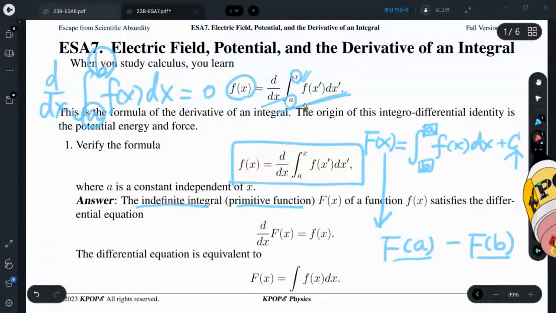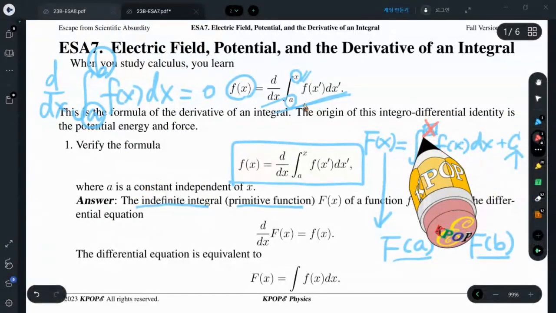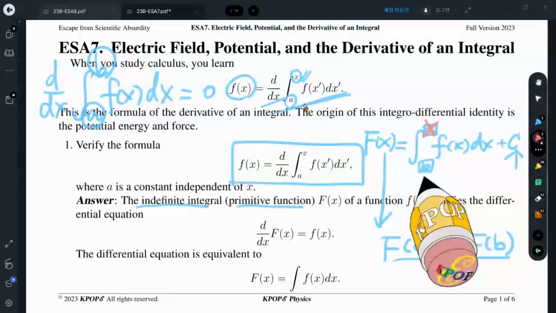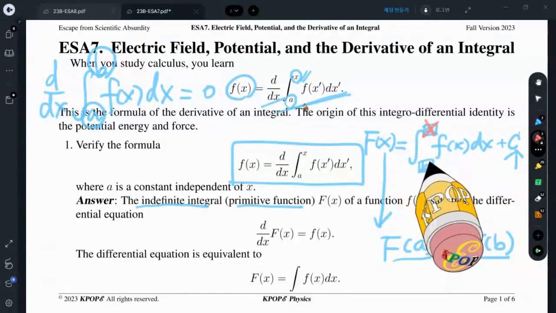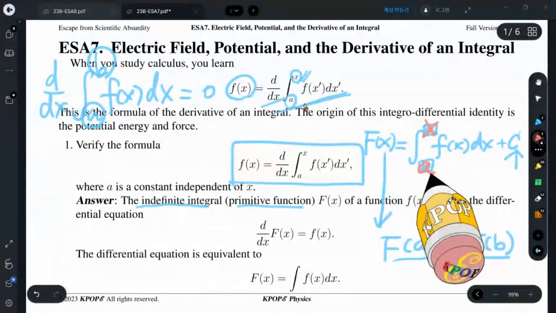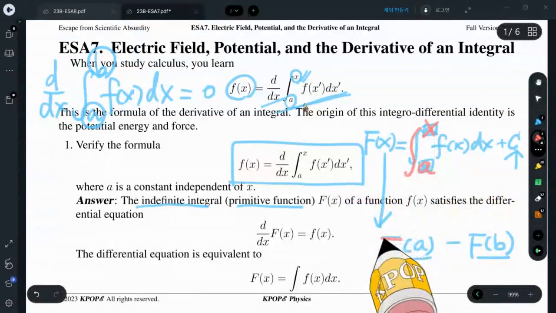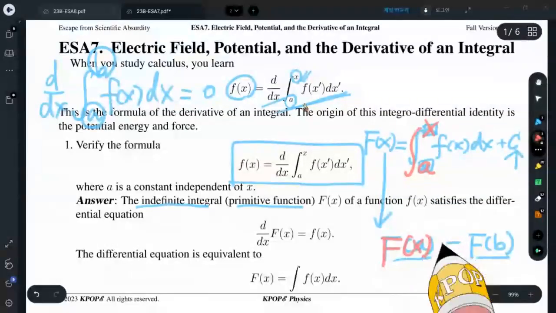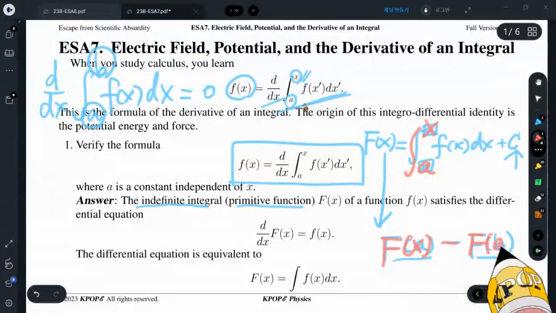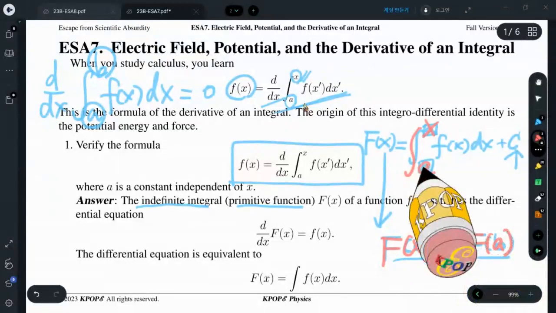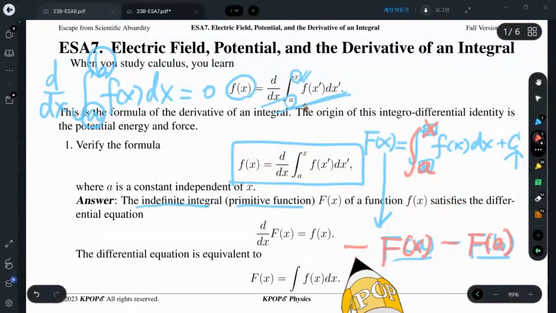So next step, we replace this one with x. And for convenience, we choose an arbitrary constant a. Then this is F of x subtracted by F of a. Okay? And then we take the derivative.